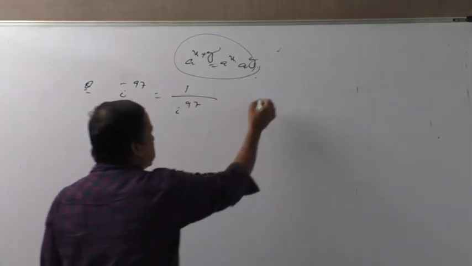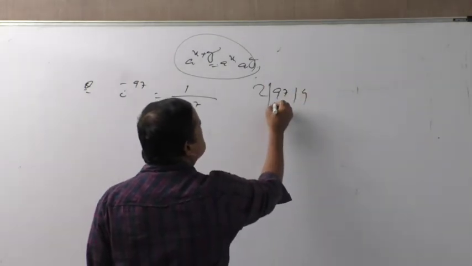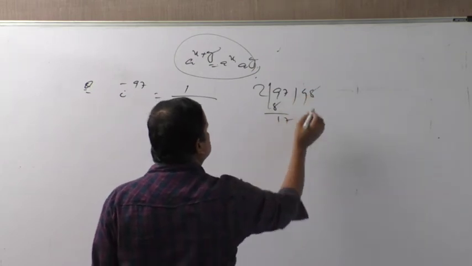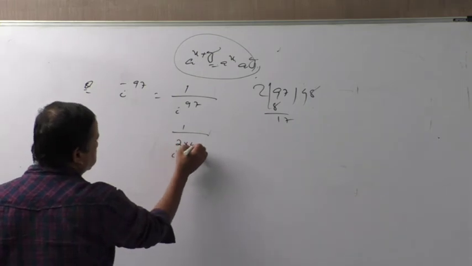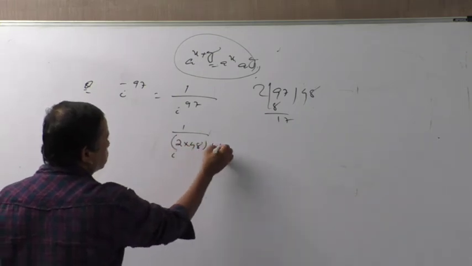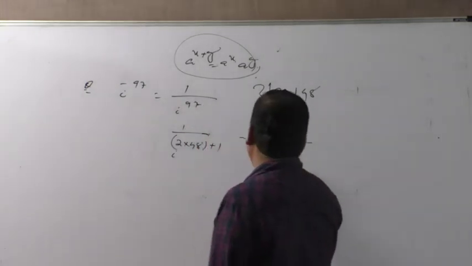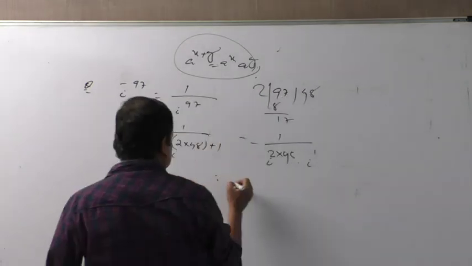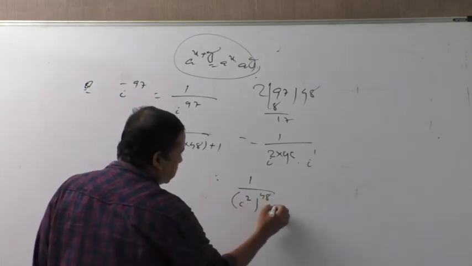Now 97 you can divide by 2, that means 1 by i to the power 2 into 48 plus 1. That means 1 by i to the power 2 into 48 into i to the power 1. That is 1 by (i squared) whole to the power 48 into i.